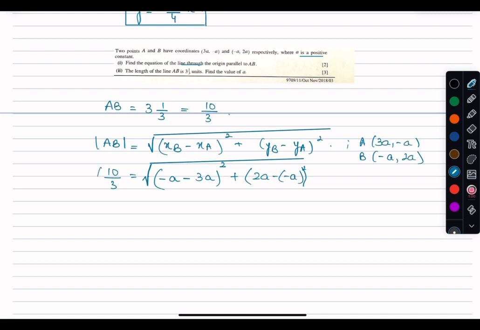So I need to square both the sides to eliminate the square root. The square root gets eliminated and this becomes 100 divided by 9.